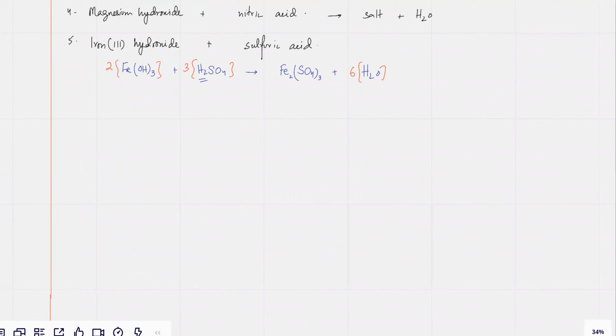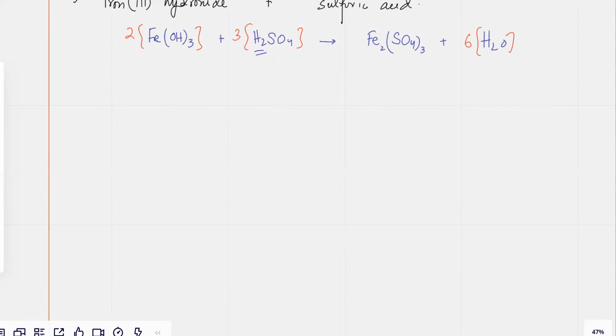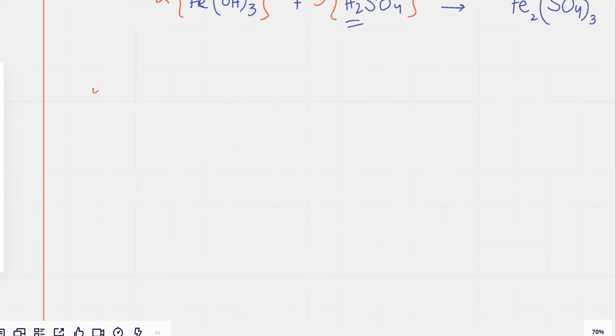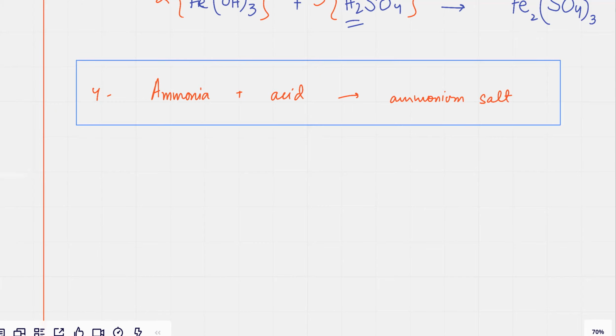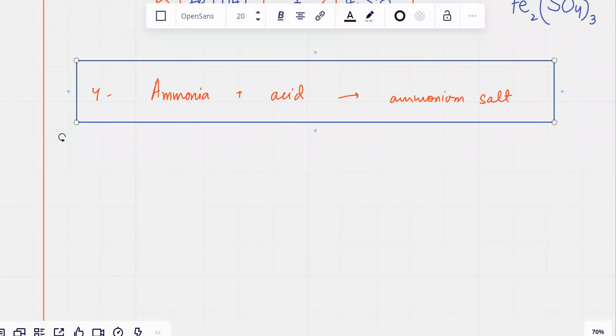That 4th reaction. Remember reaction number 4. Reaction number 4 is ammonia plus acid, and that produces an ammonium salt. That's the 4th reaction.